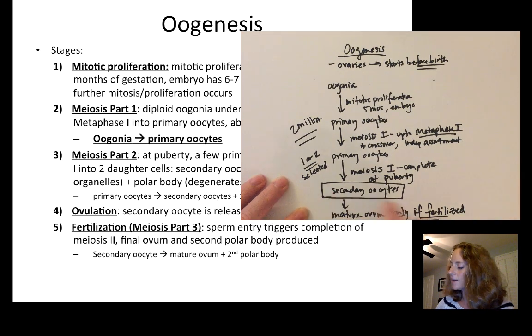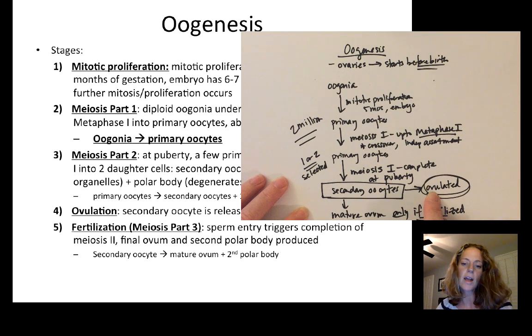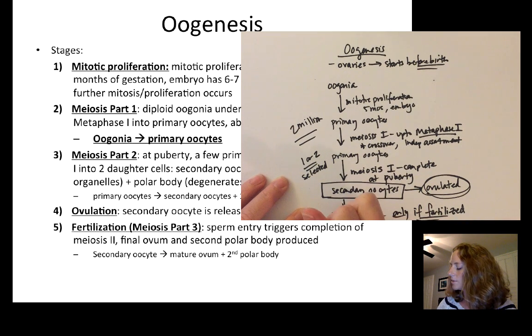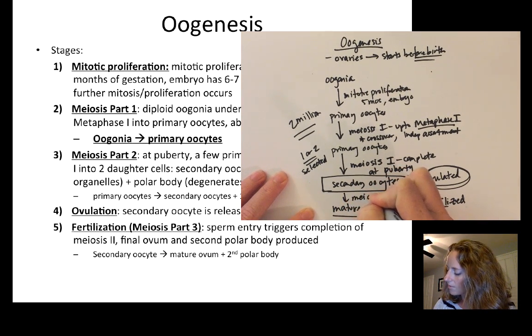Otherwise, the secondary oocyte is that which gets ovulated and travels through the female reproductive tract for fertilization. Only if fertilization happens does a mature ovum get finally produced, by the completion of meiosis II.